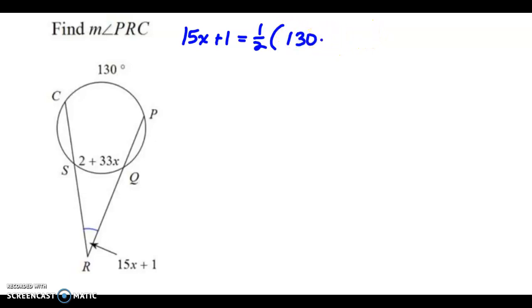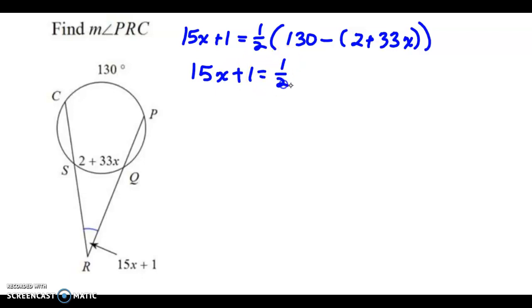And I'm subtracting a binomial, so I have to have parentheses inside parentheses, because I'm not just subtracting the 2, I'm subtracting the whole thing. So I need to clean up the inside of this, which is 130. Distribute that negative to both things inside this parenthesis right here.